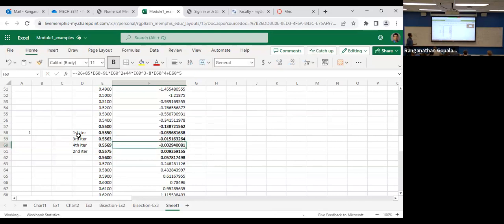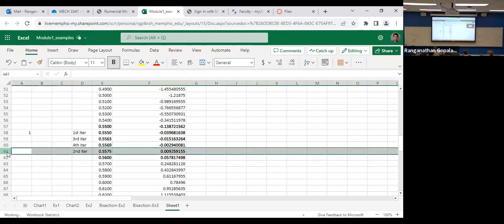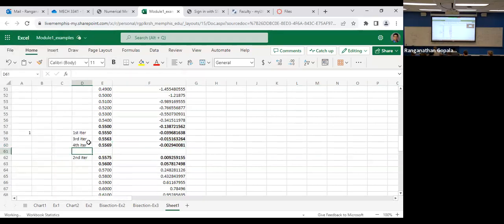And now 5569 negative, minus 0.002, and then 0.5575, 0.009. If your error criterion was to get it within 0.01, within 1/100th of a percent, you are already there. You can stop here.